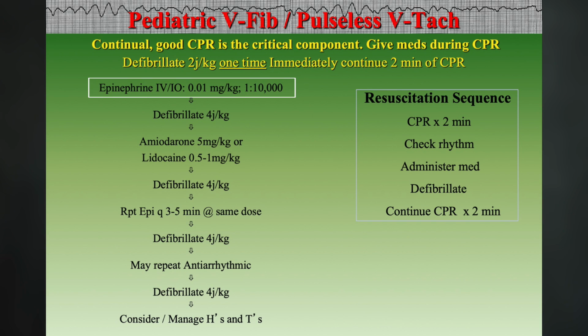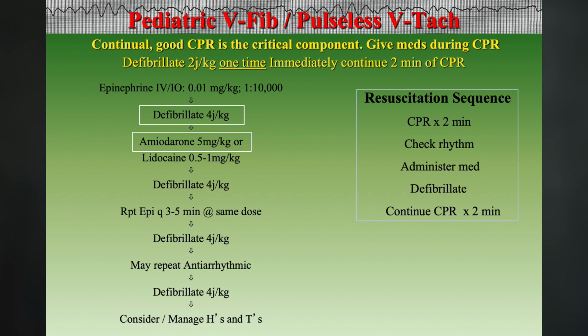So we start our epinephrine, and then just like other ACLS algorithms, every 2 minutes we're going to rotate the vasopressor, which was epinephrine. The next 2 minutes, stop, we will defibrillate again if it's still ventricular fibrillation, as well as use an antidysrhythmic, whether that be amiodarone, the more common use currently, or lidocaine, which is now approved to use as well.